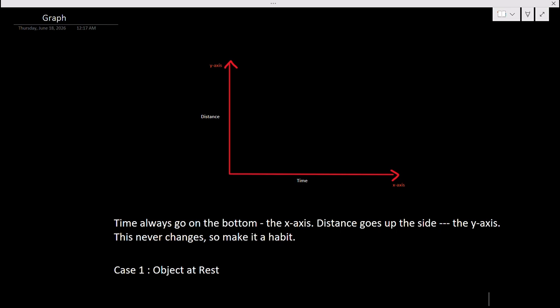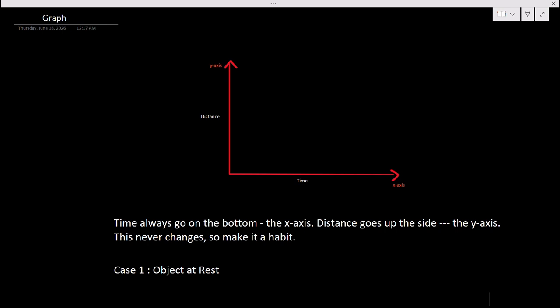Basically, for a quantity which is changing with respect to something, that something goes on the x-axis and the quantity which is changing goes on the y-axis. This might change from question to question, but while you're solving a question, you should make a habit of putting time on the x-axis. If the question gives you some other quantity on the x-axis, then it's a different question altogether. Okay, so keep that in mind.